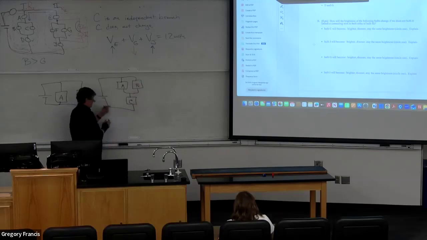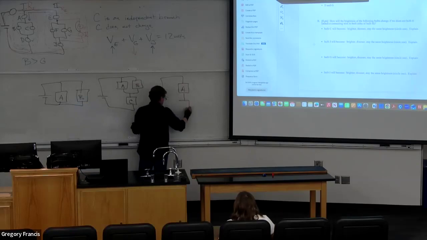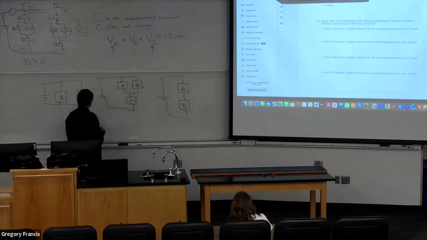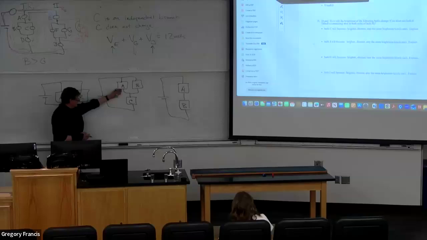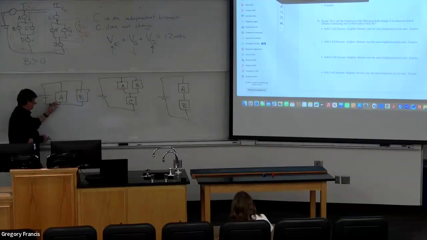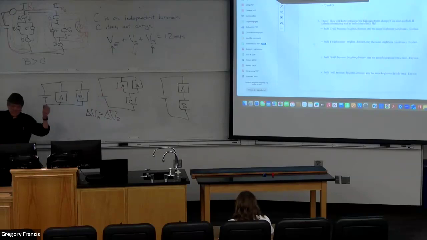You've just got regular parallel. And then you've got series. Anytime they are in parallel, whether it's regular parallel or parallel across the battery, the voltage across A has to equal the voltage across B. It's like coming down the mountain.